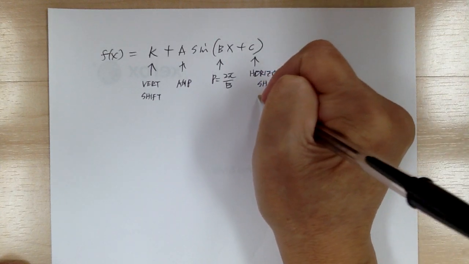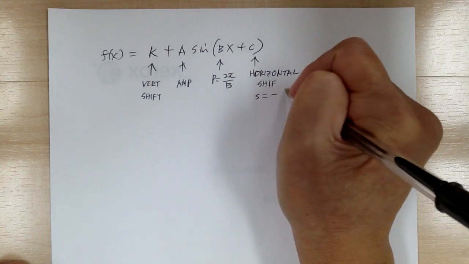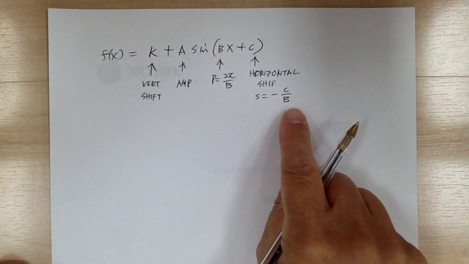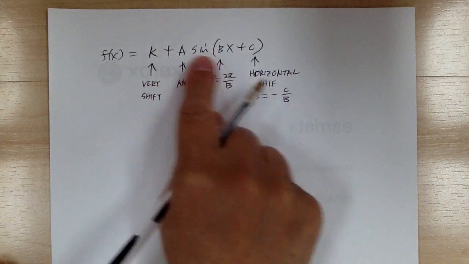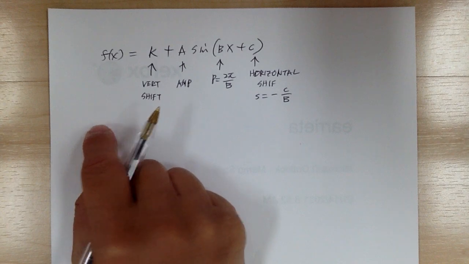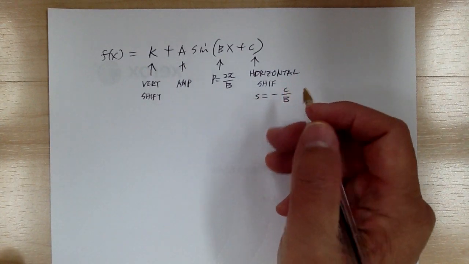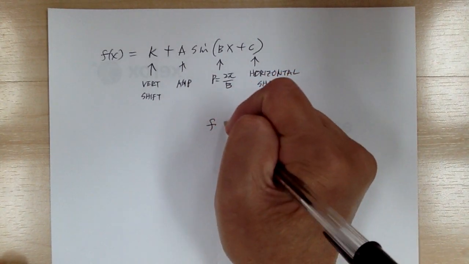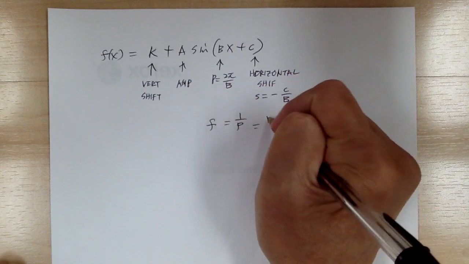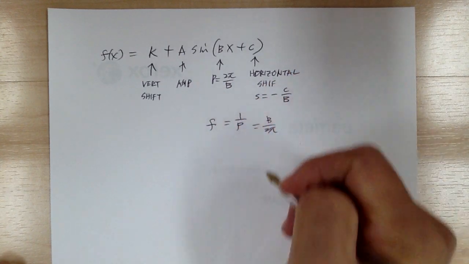So the shift would be equal to negative c over b. Those are everything you're going to see in the function. There's another word you need to know, the frequency. The frequency equals 1 over period, and so therefore equals b over 2 pi.